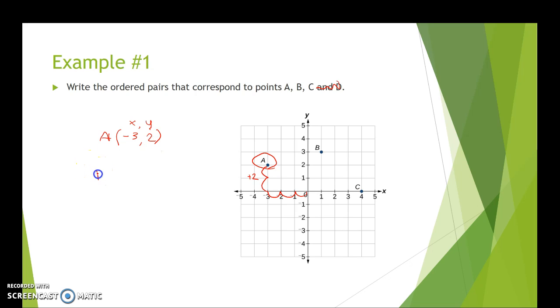For point B, again, we start at the origin, always starting at the origin. Here we go to the right 1, so going along the x-axis, that's going to be a positive 1.